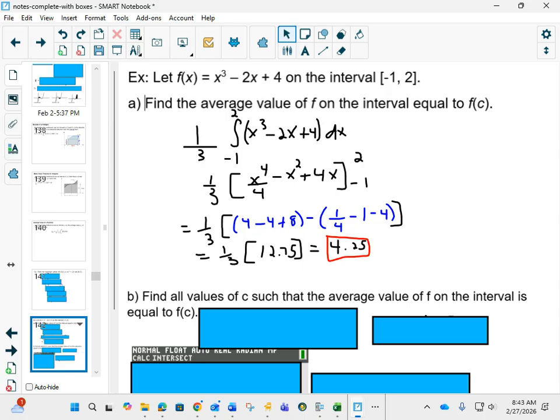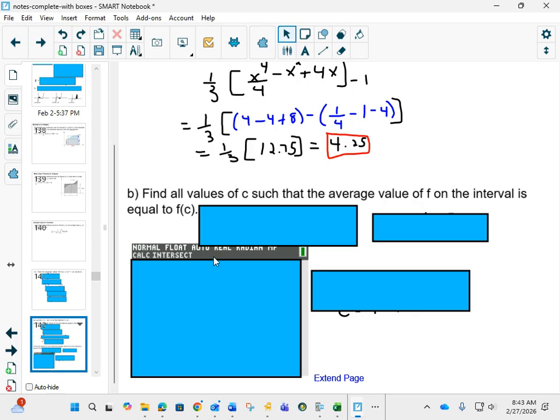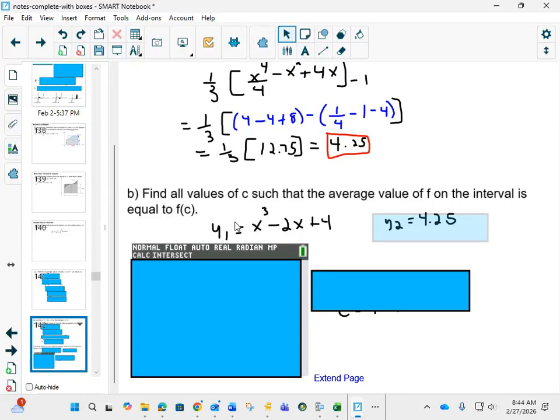Now find all the values of C such that the average value of f is equal to f of C. So here's our equation, x cubed minus 2x plus 4. We found out that the average was 4.25.